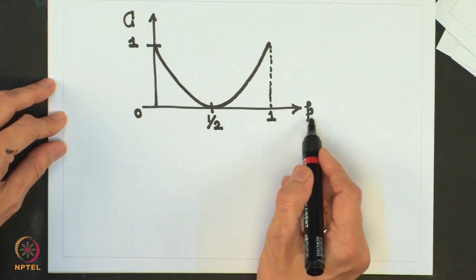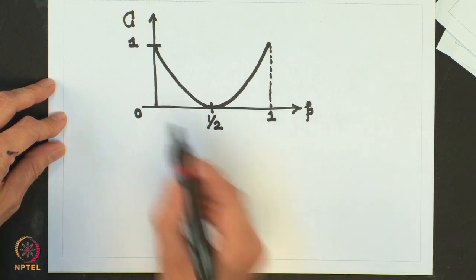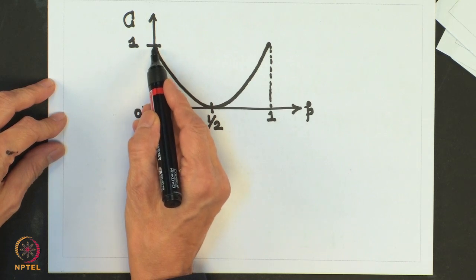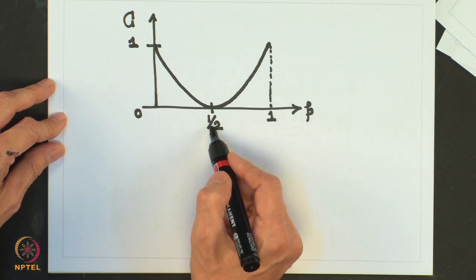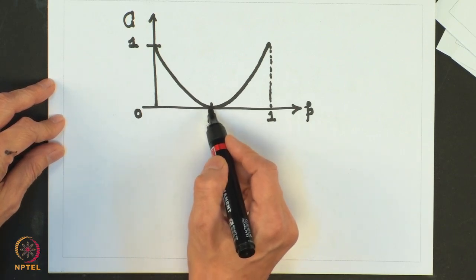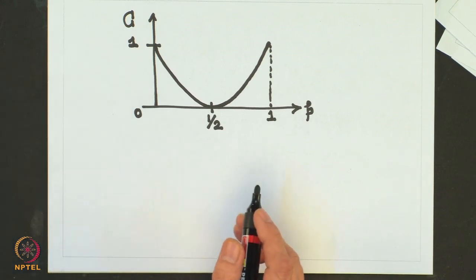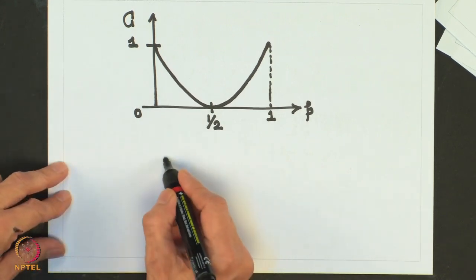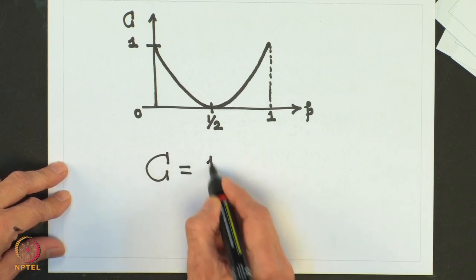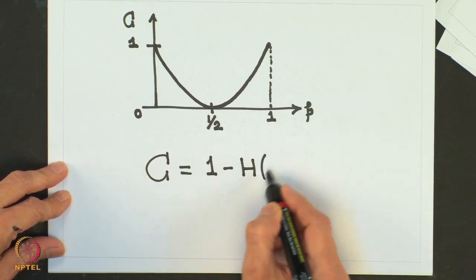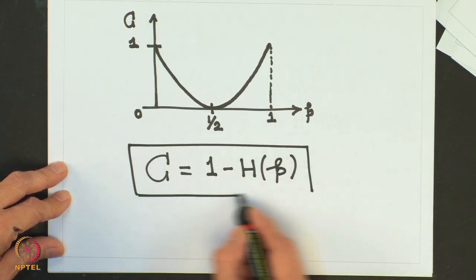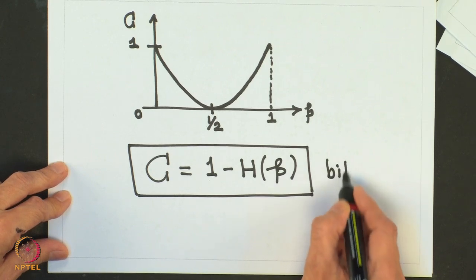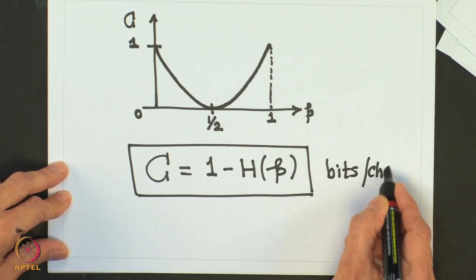So, when the crossover probability is equal to 0 or 1, we will get the capacity to be equal to 1 bit per channel use, and when the probability is equal to half, I get the channel capacity to be equal to 0. Okay? Fine. So, for a binary symmetric channel, our capacity turns out to be this expression, in bits per channel use.